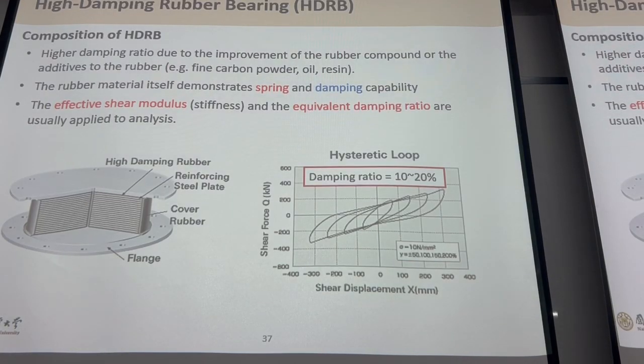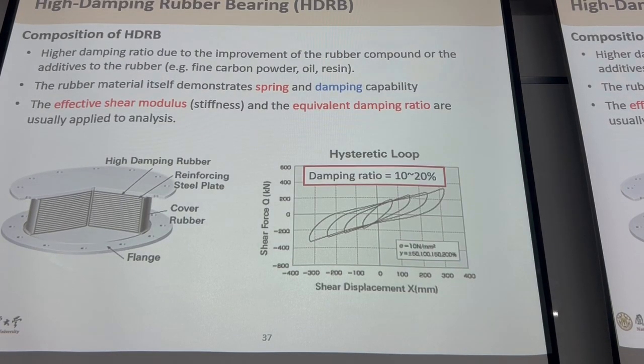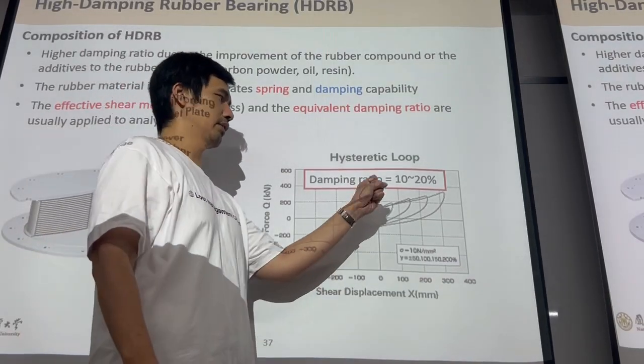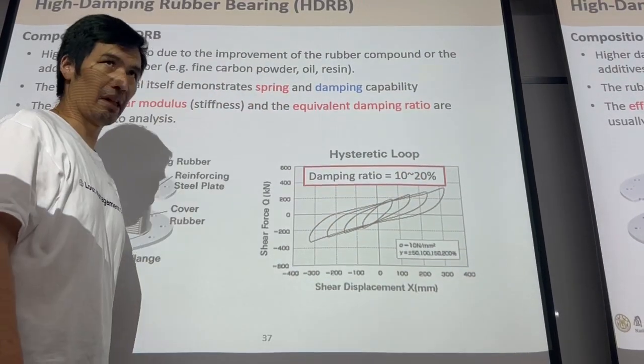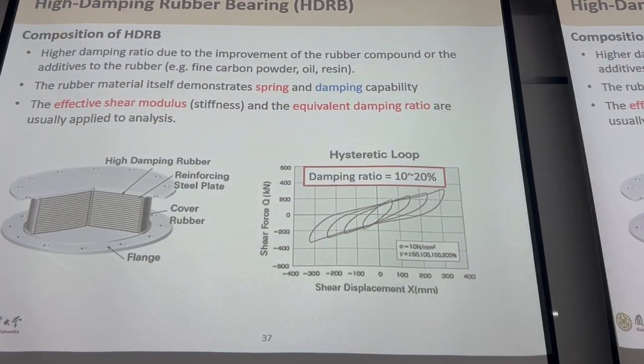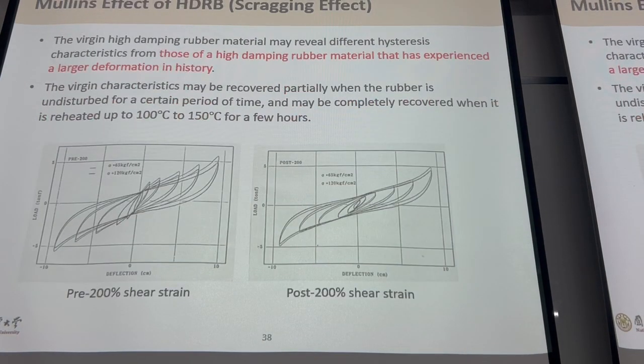Okay? That kind of material can provide very high damping. So first of all, it can provide 10 to 20% damping ratio by itself.